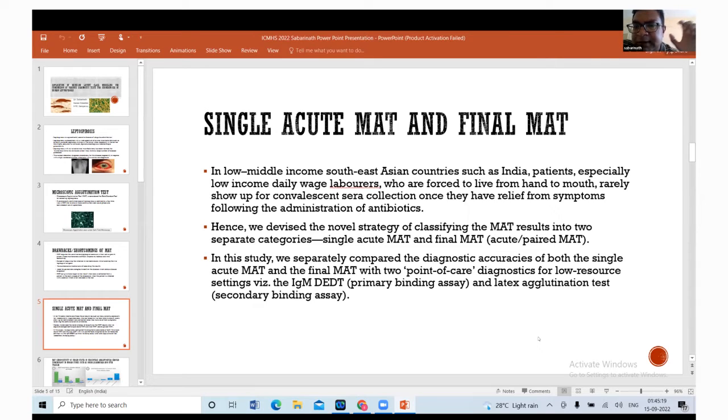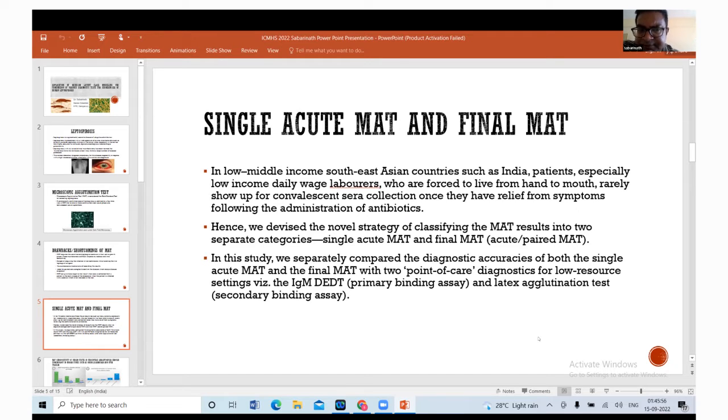Paired MAT means, suppose at acute phase of infection the person has a 1:40 titer. If there is a fourfold rise, that is 1:160, he is declared positive. Or in the convalescent sera there should be a 1:100 titer, while the first collection should be negative. So we are using this new strategy.